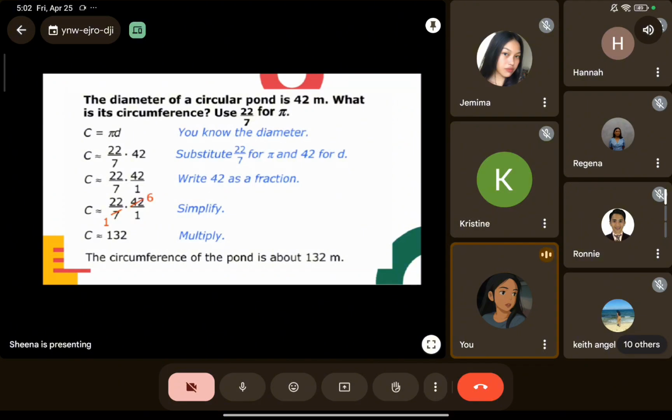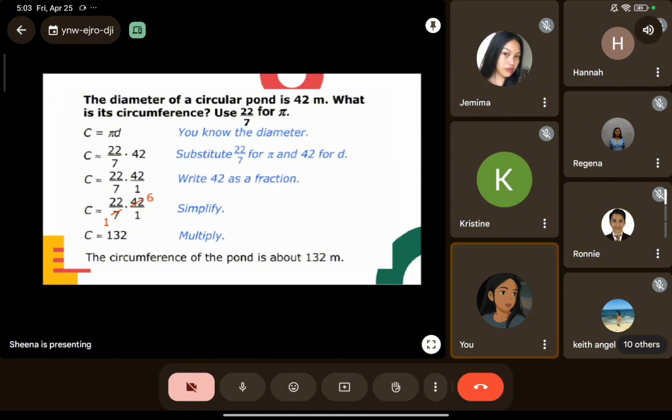Now, since 42 has no denominator, we add a 1 underneath it. Since 42 and 7 can be simplified, 22 is in the numerator, 7 is the denominator, and 42 is also in the numerator, written over 1, since any whole number can be written over 1.